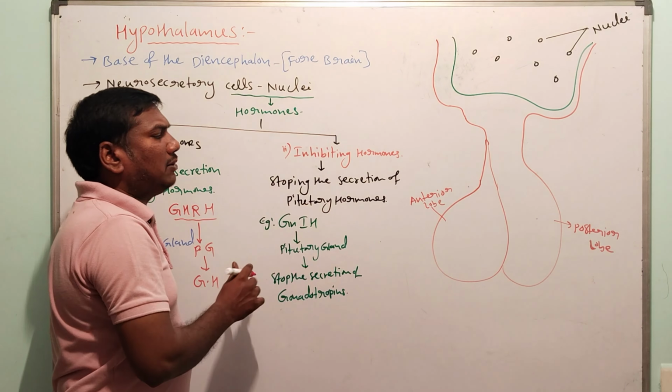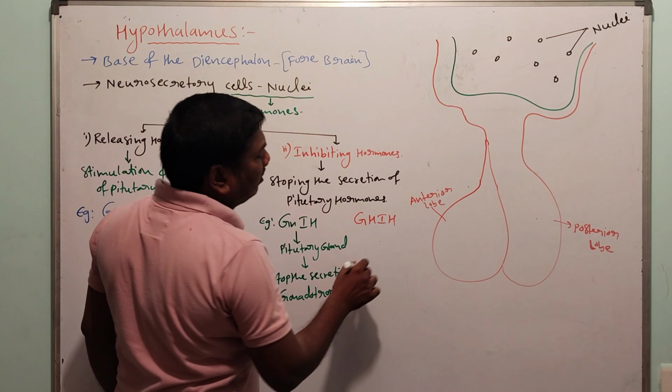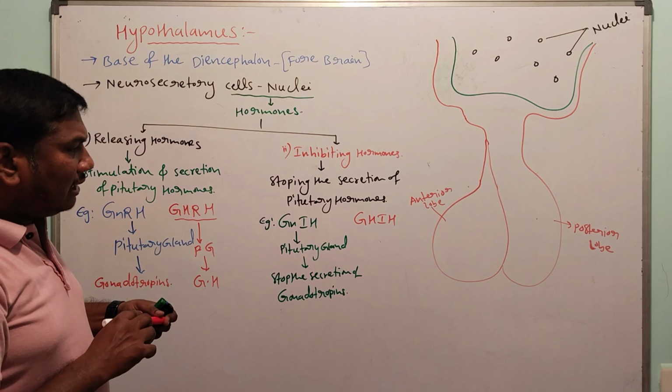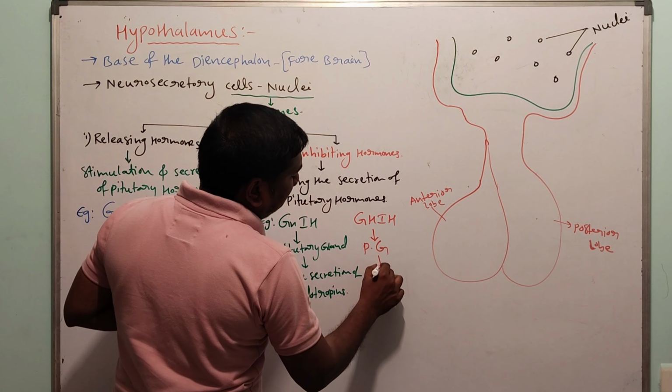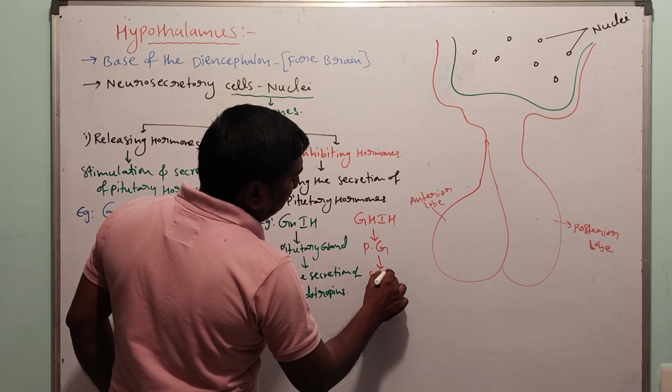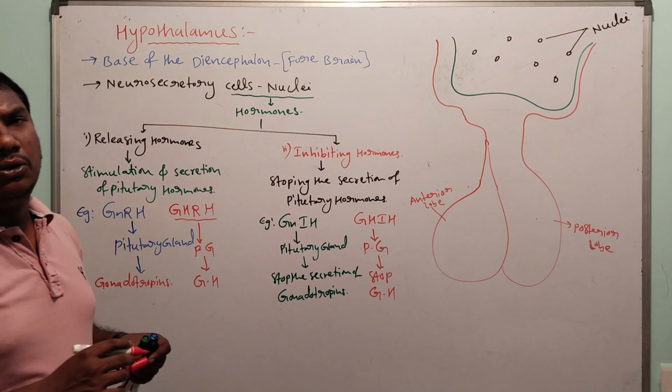Next, an inhibiting hormone example is the growth hormone inhibiting hormone. This hormone enters into the pituitary gland and stops the secretion of growth hormone.